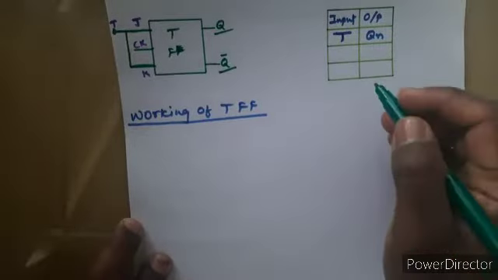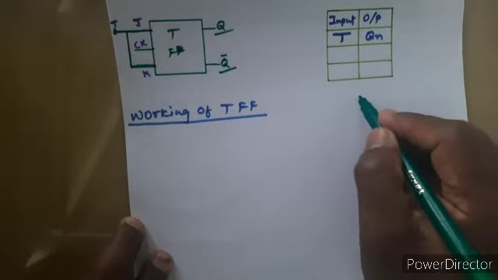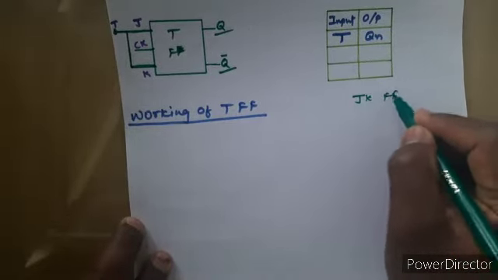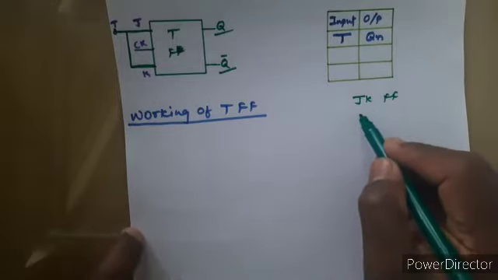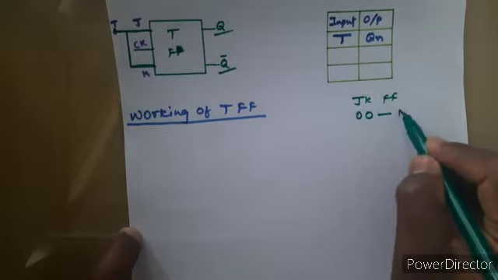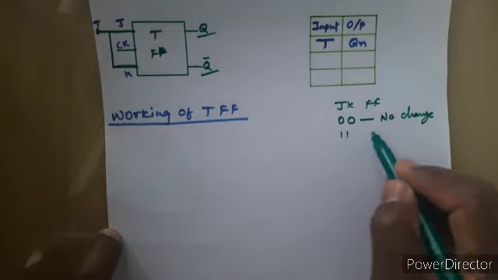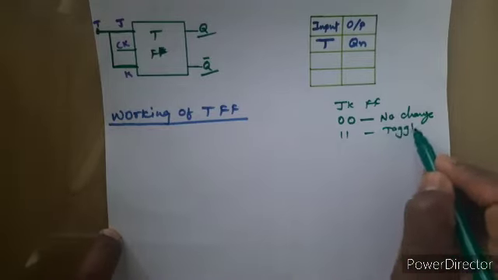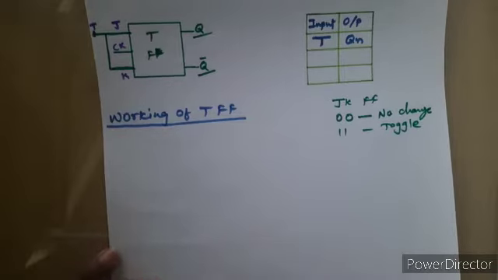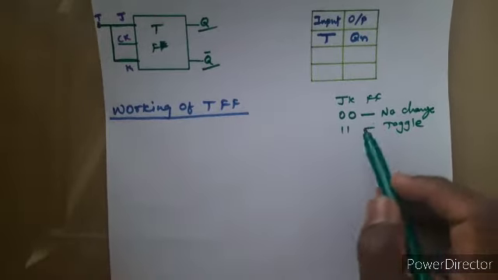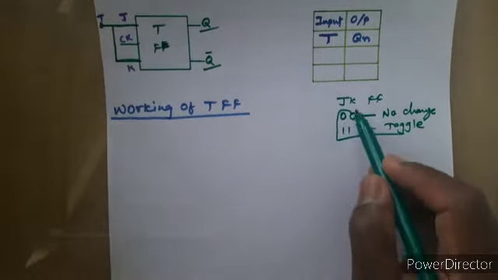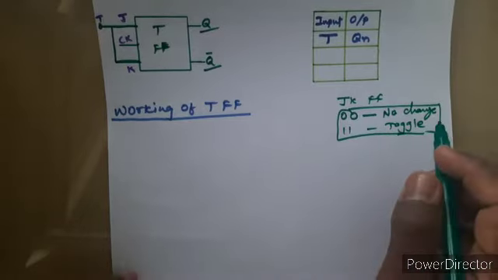Now let us go to the JK flip-flop truth table, where 0 0 means no change and 1 1 means toggle, right? We have seen this. Now the same thing we are going to use here itself.